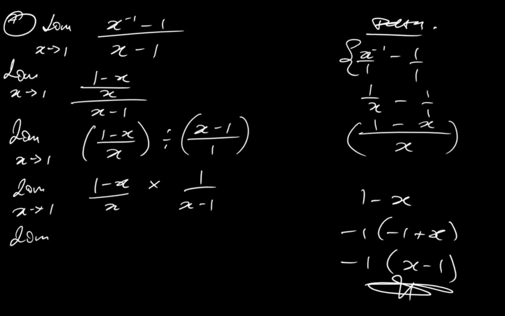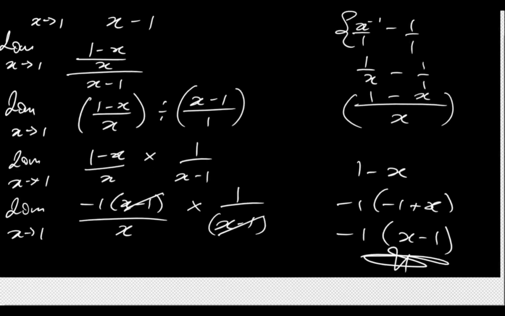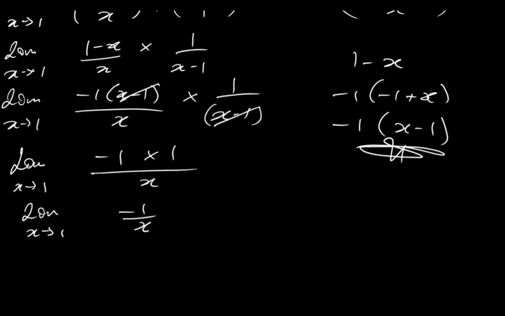You have the limit as x approaches 1 of minus 1 open brackets x minus 1 over x times 1 over x minus 1. So I can cancel this guy with that guy. Then we'll have lim as x approaches 1 of minus 1 times 1 over x. So you end up having the limit as x approaches 1 of negative 1 over x.